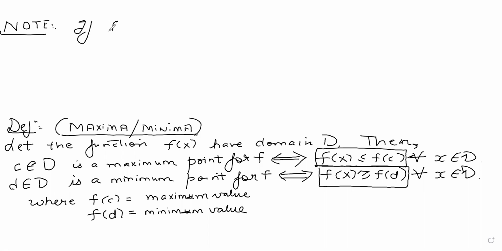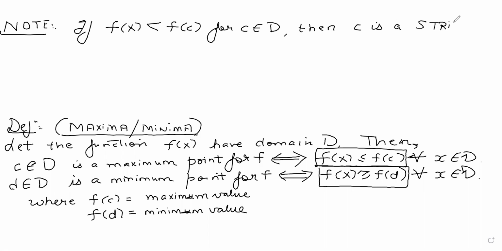If f of x is strictly less than f of c for c belonging to the domain D, then c is a strict maxima.